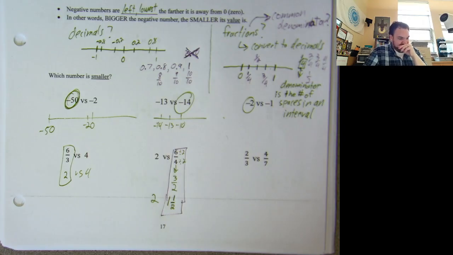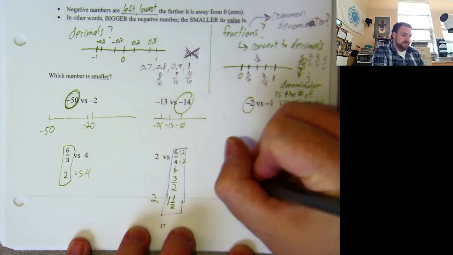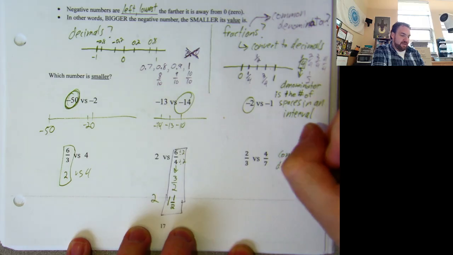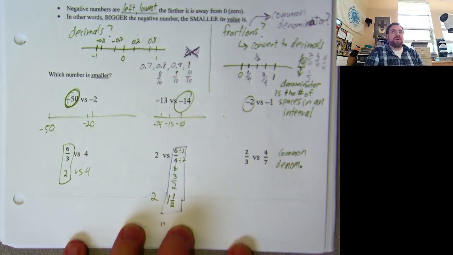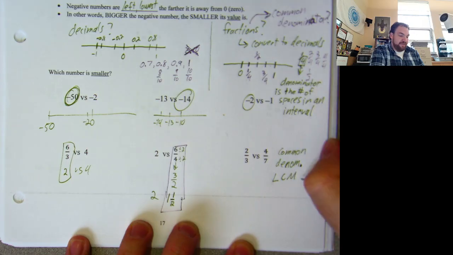Okay, cool. So then here's what you ask yourself. You're looking at 3 and 7. Forget the numerators for a second. To find a common denominator, what we want to do is find the least common multiple of 3 and 7.